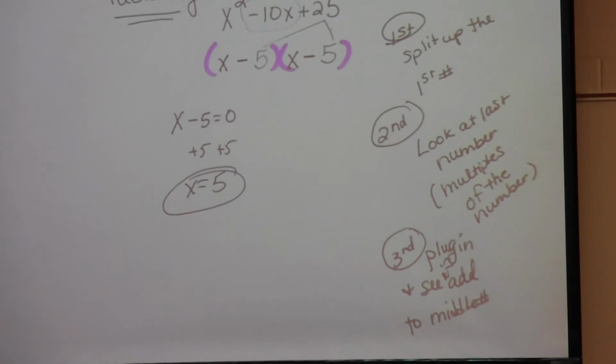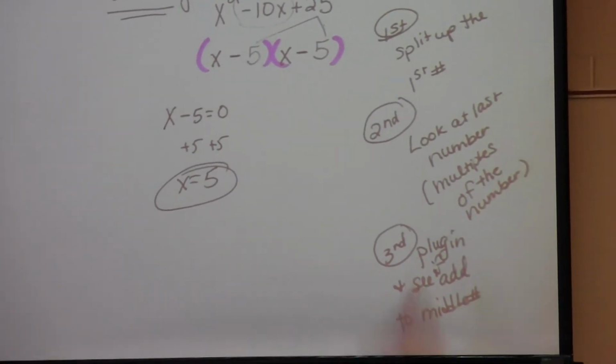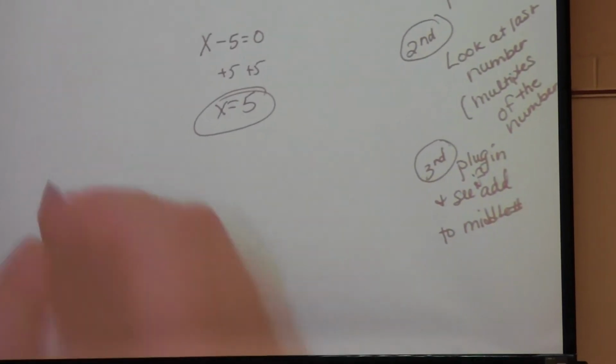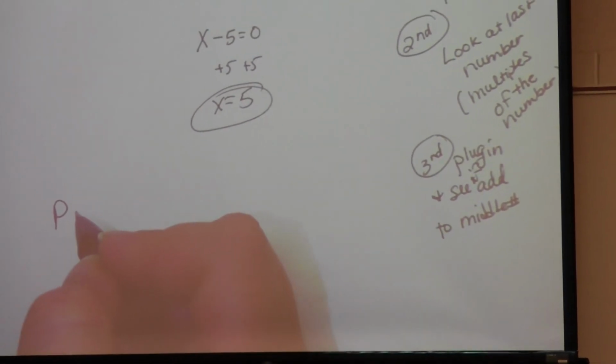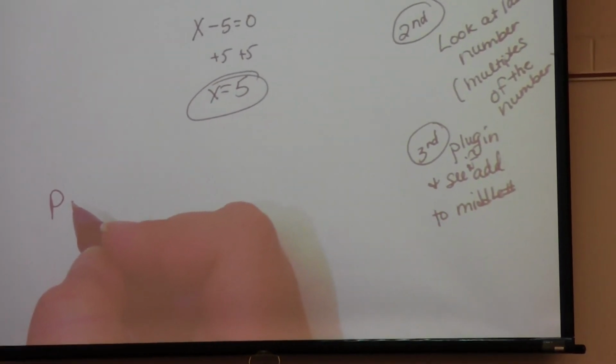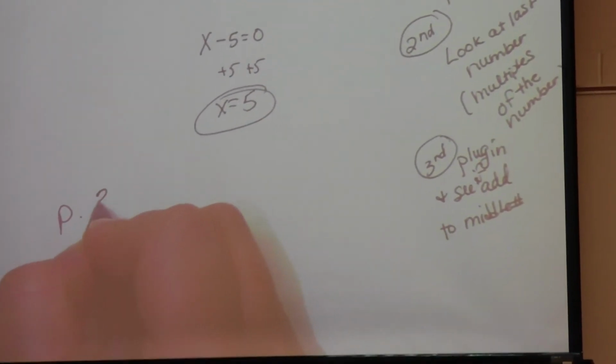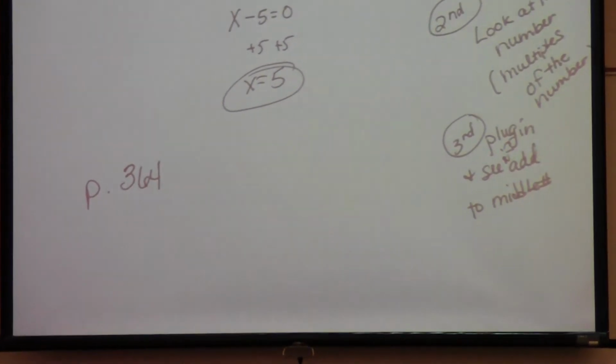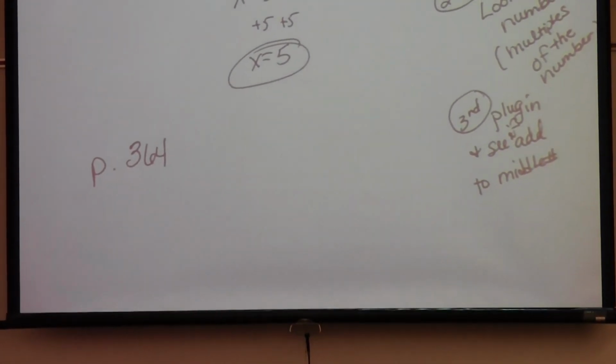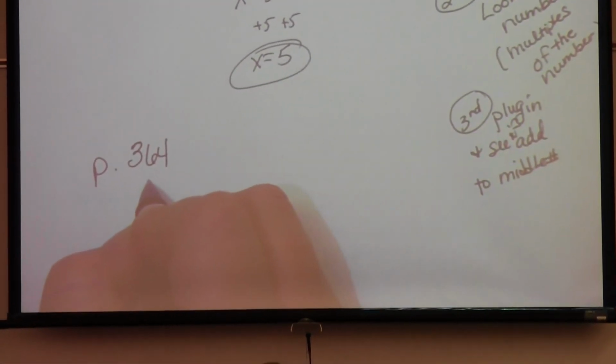So let's start in our books. We're going to start here on page, we got to find it first. Oh, we're cooking now. 364, because we skipped chapter 5 or 6, because we don't need to do that one. And on 364, we're going to do number 1.